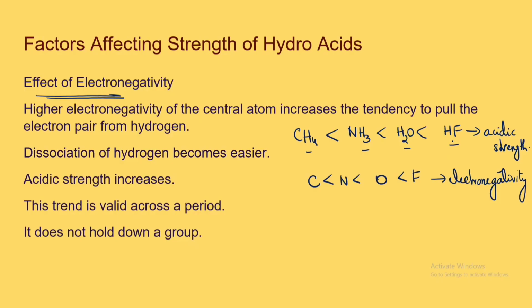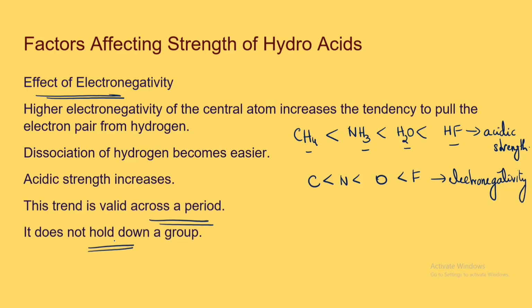Now, this trend based on electronegativity is only valid with respect to a period. It does not hold good as we move down a group. Acidity in a group increases with a decrease in electronegativity as we move down the group.